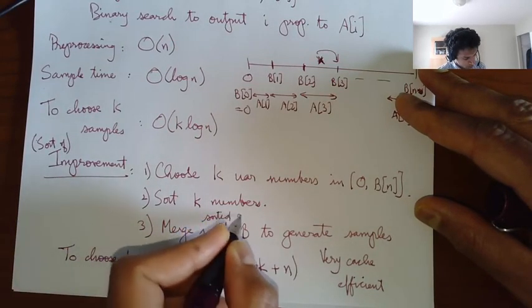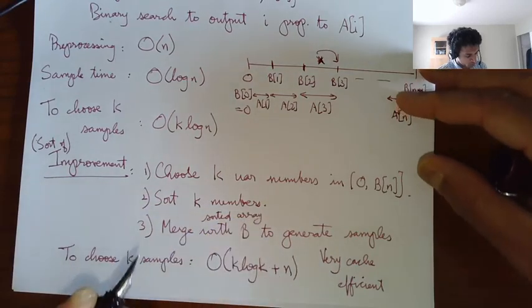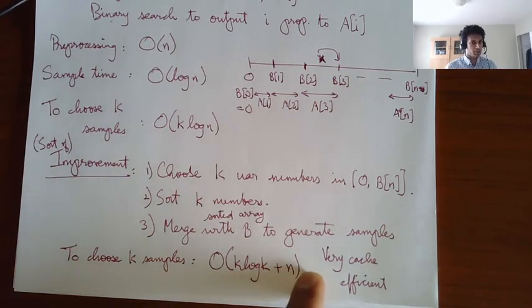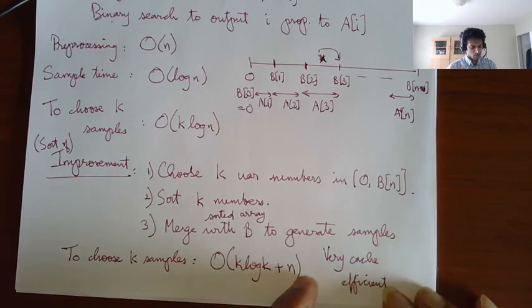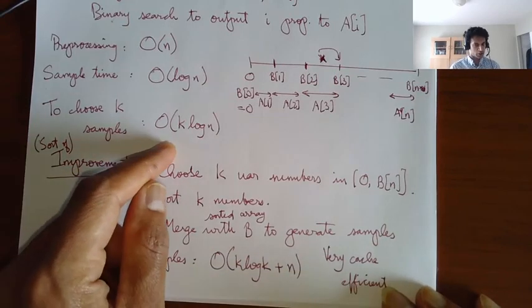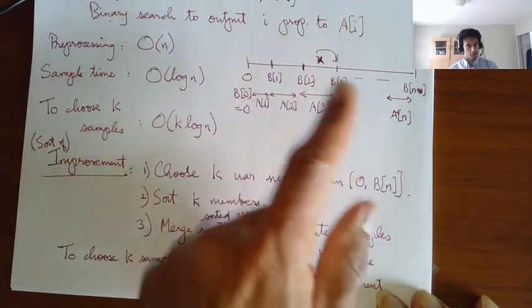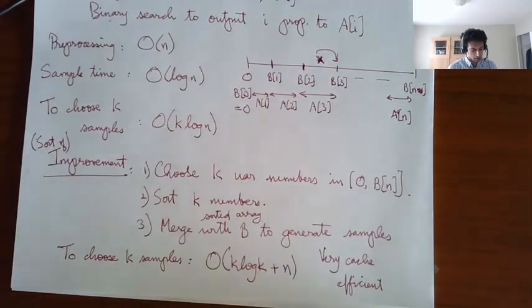You have two sorted arrays, and you merge them together to get the sort of the union. Even though this running time might be larger, binary search typically tends to be cache inefficient because there are lots of cache misses. This is often faster.